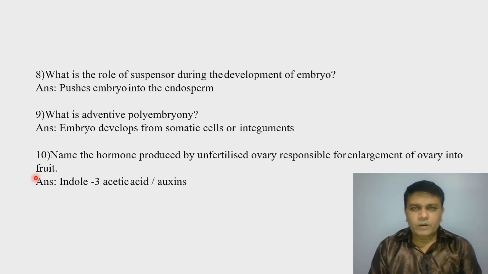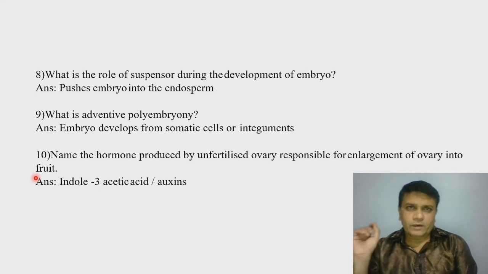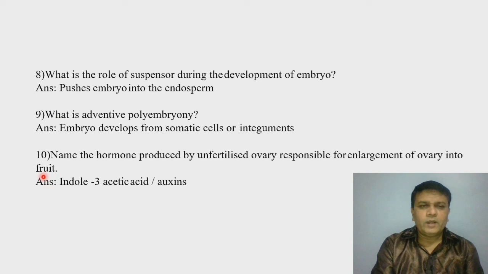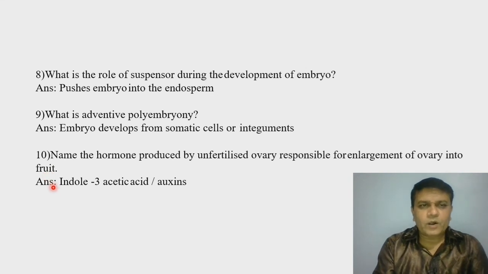Now, in some cases, the process of fertilization does not occur and the ovary directly develops into fruit, and this formation of fruit without fertilization is caused due to the growth hormone, that is indole 3 acetic acid.